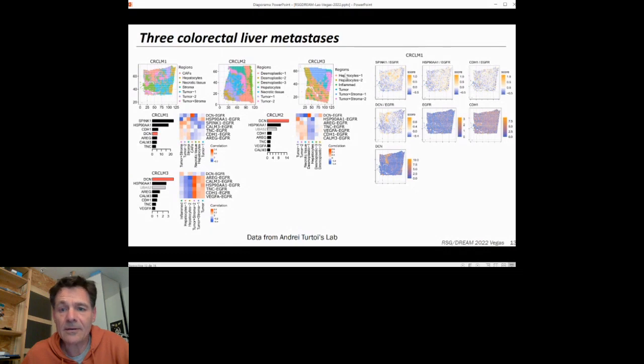So they really are organized differently. And we were interested in the different ligands of EGFR, which we report here according to their abundance. And as you can see, there is quite an overlap between the 3 tumors, although they are very different.